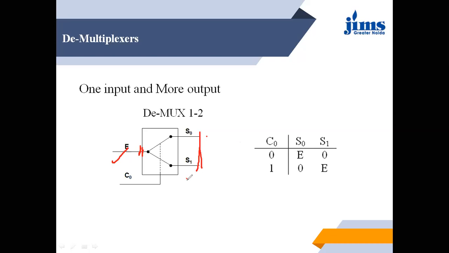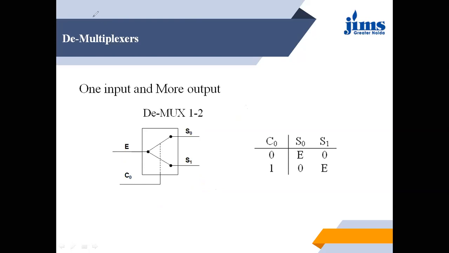This is also a 1 to 2 demultiplexer, meaning there is one input and two outputs. Similarly, if this is 1 to n, then the selection lines will be 2 raised to the power n. This is the table for this one. So this was about the multiplexer and demultiplexer.